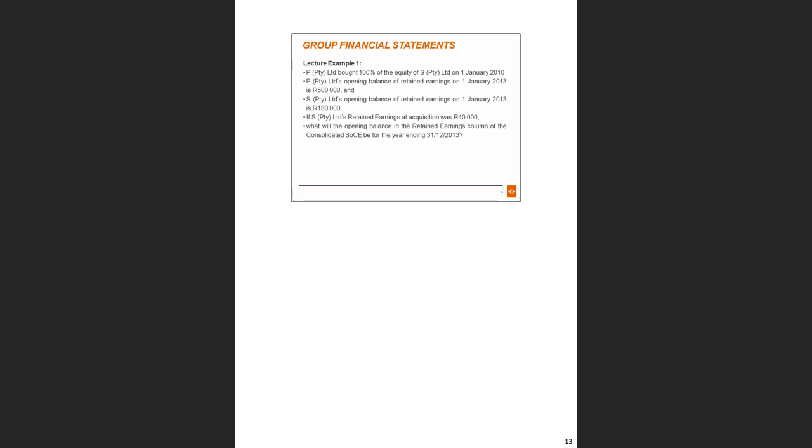But if the retained earnings at acquisition of 40,000 Rand will be eliminated, then surely the post-acquisition retained earnings are 180,000 Rand minus 40,000 Rand, and this will give us 140,000 Rand.